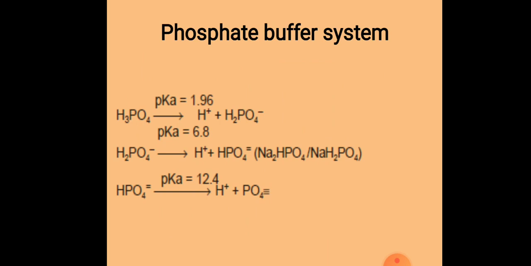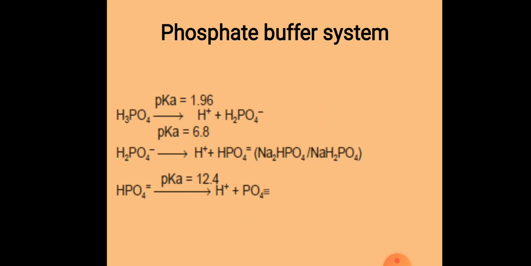So if we see the phosphate buffer system, it has different pKa values. H3PO4 can dissociate into H plus and H2PO4 minus, where the pKa is equal to 1.96.